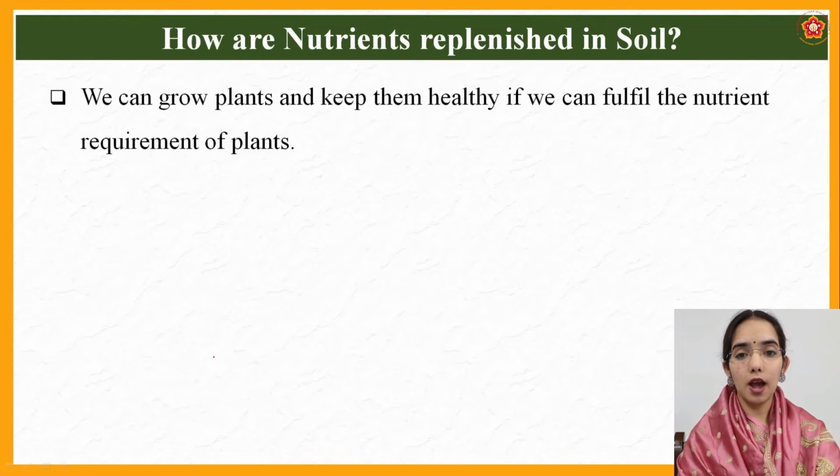We can grow plants and keep them healthy if we can fulfill their nutrient requirement. If the nutrient requirement of the plant is not fulfilled, the plant will not be healthy and will not grow to its optimum level.